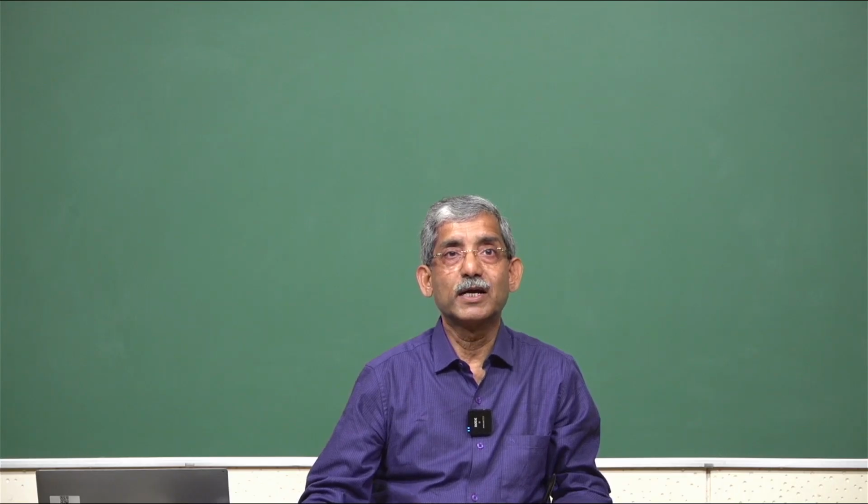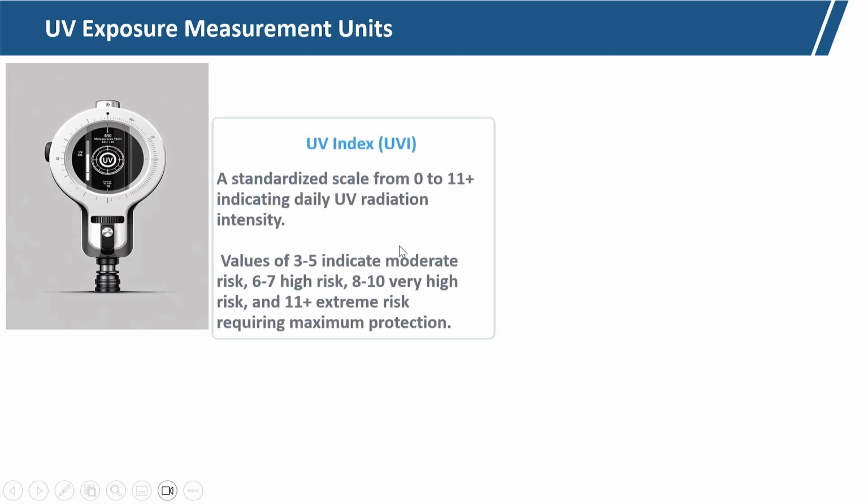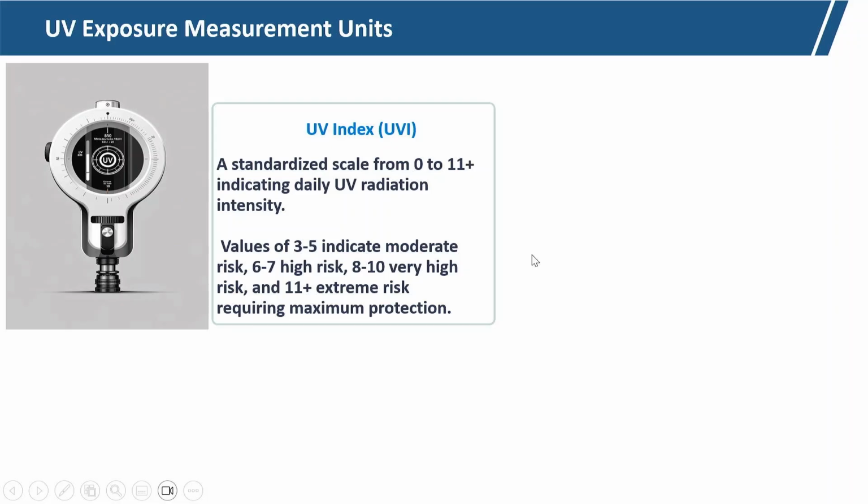Now, UV exposure measurement units. What are the exposure measurements? UV index, which we will discuss in detail with an example at a later stage. The UV index is not related to the fabrics or any protective garments or sunscreen, it is an environmental UV measure. It is a scale from 0 to 11 indicating daily UV radiation intensity at a particular location.